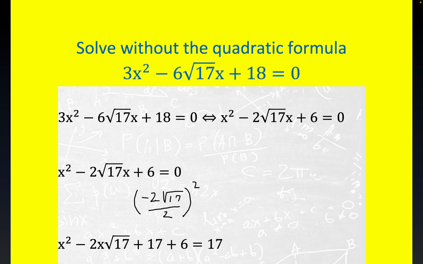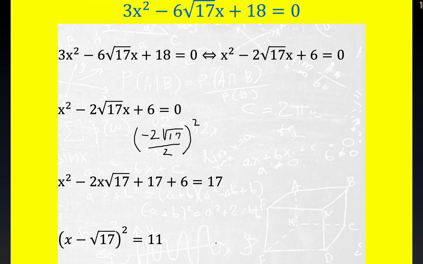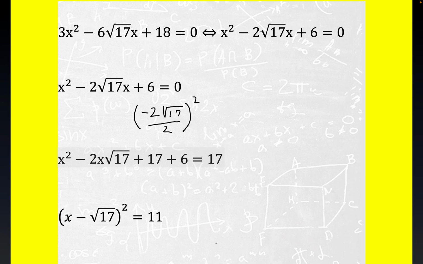Okay, so again, this object here would be minus the square root of 17 squared, which is certainly 17. You add it and subtract it to both sides of the equation to keep the equation balanced. And so if we carry on, we recognize, by the way, that this is in the very famous form a squared minus 2ab plus b squared.